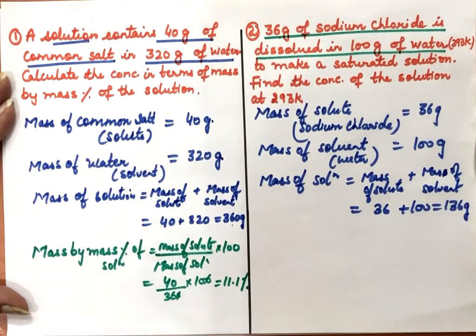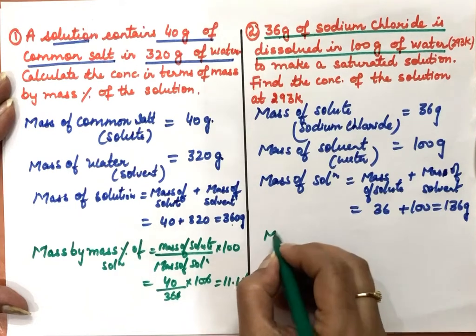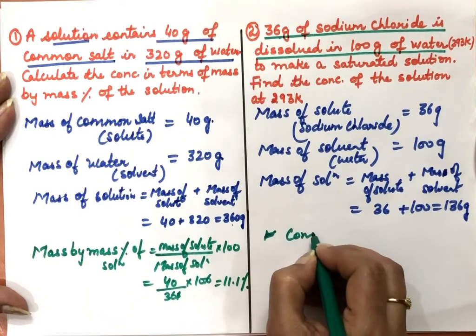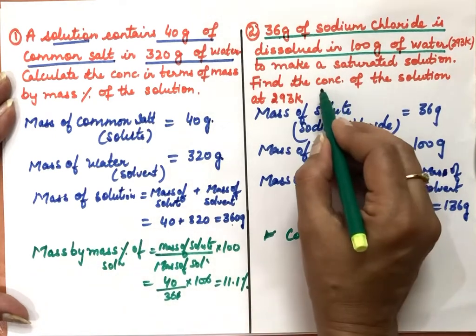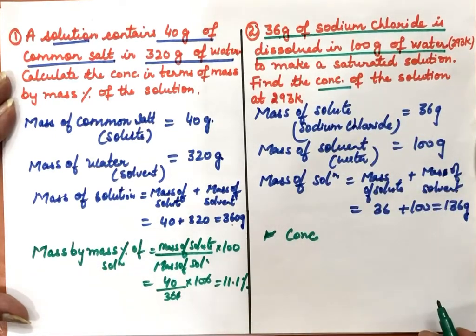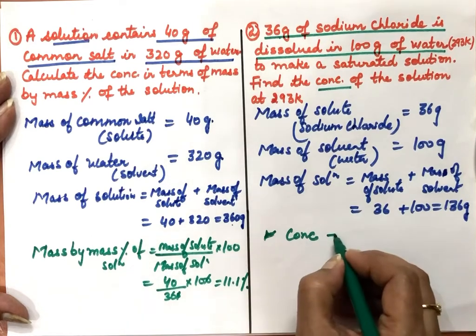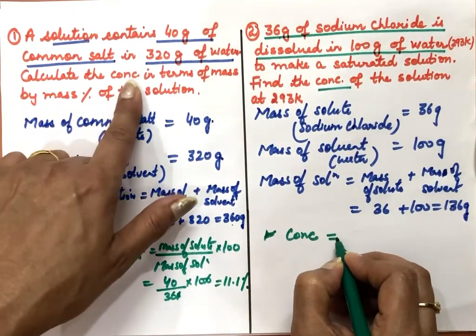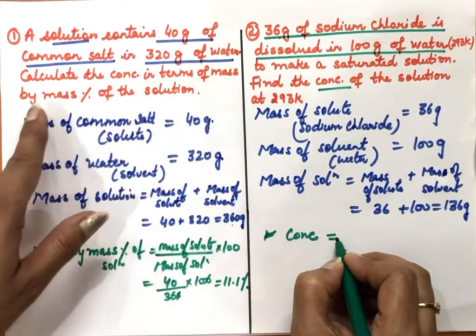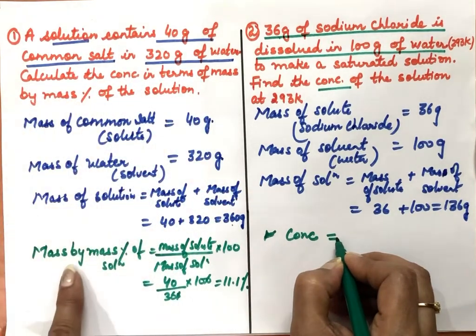Then we have to write the formula, that is concentration. Now concentration and mass by mass percentage mean the same thing only. Since here in the question, find out concentration is written, so we write concentration here. While in the earlier case, it was written to calculate concentration in terms of mass by mass percentage. So we can write mass by mass percentage here, or we can write the word concentration also.